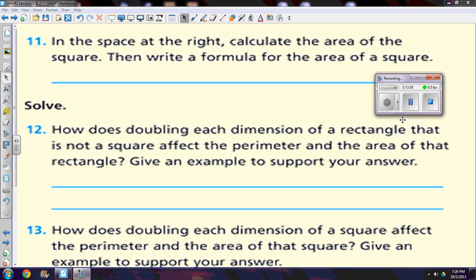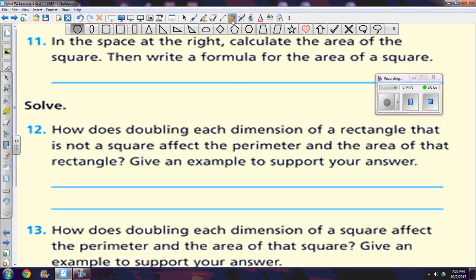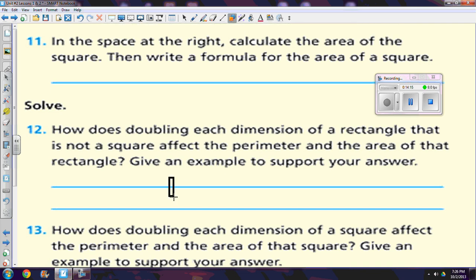So if you started out with a rectangle, and let's just keep it simple, 2 and 1. Okay, and now you doubled it. So now you have your rectangle.